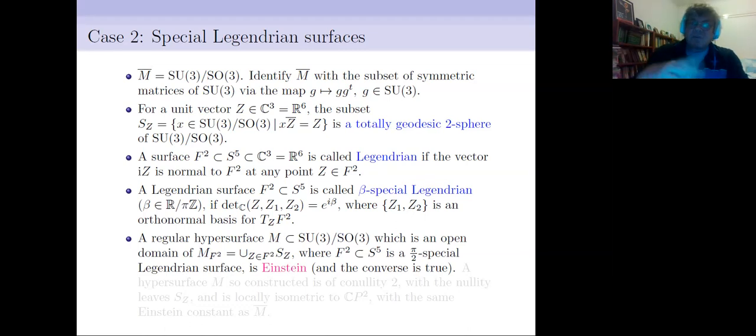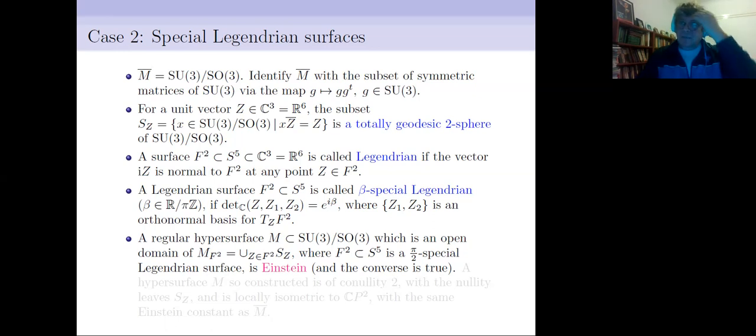Then the theorem which I showed before says: you take a regular hypersurface M in SU3 cross SO3, and if the hypersurface is an open domain on this union where F2 is a pi into special Legendrian surface, then it is Einstein, and the converse is also true.